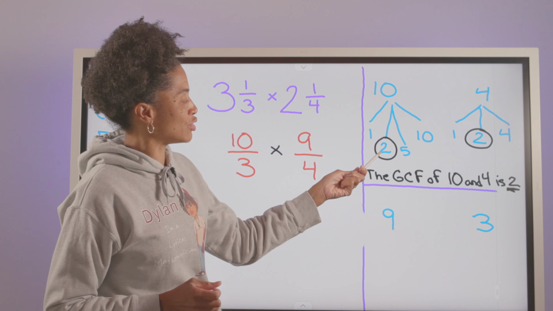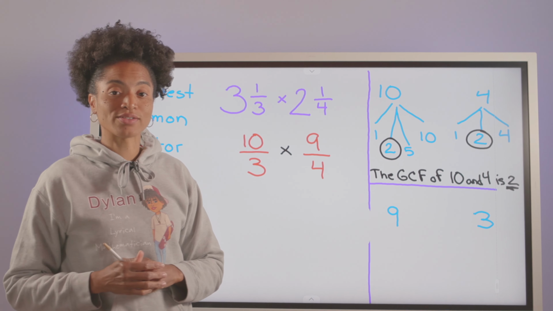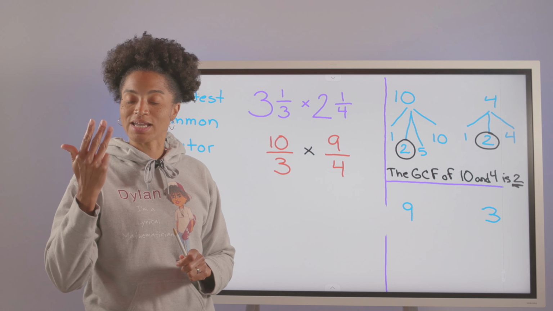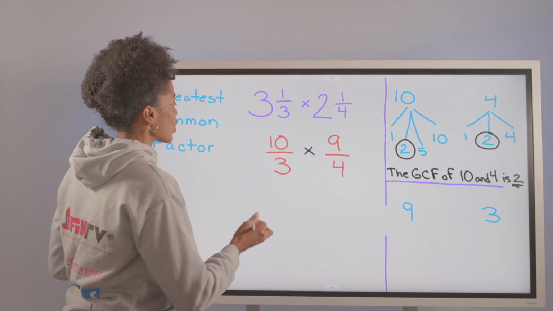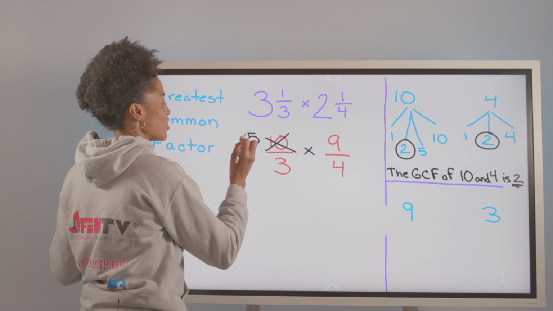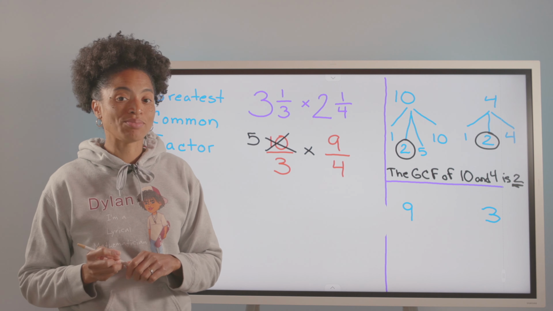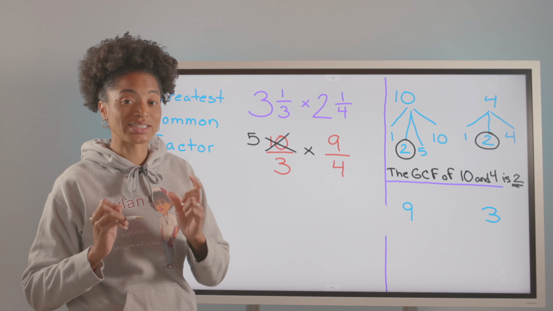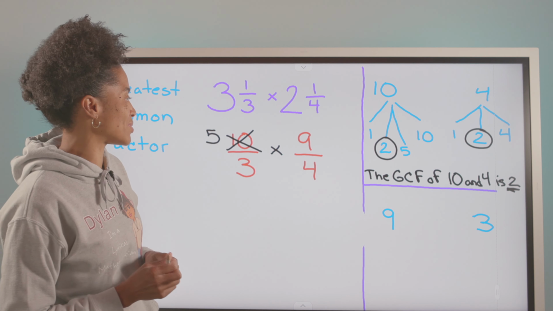Or we can say how many groups of 2 can I get out of 10? 2, 4, 6, 8, 10 gives us 5. So we're going to cross out that 10 and make it a 5. That is called the quotient. Keep in mind the quotient is the answer to a division problem. We just did 10 divided by 2 and we got the quotient 5. Let's do the same thing here.